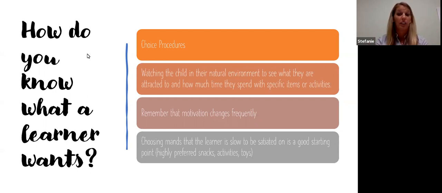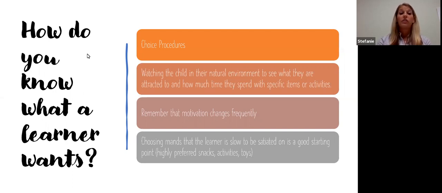We can also watch the child in their natural environment to see what they're attracted to and how much time they spend with specific items or activities. So just watching them in the playroom, where they go, and how much time they're spending with each toy, or if there's something they're more attracted to than something else. If we're spending a lot of time with one item, that would mean maybe our motivation is high for that one.